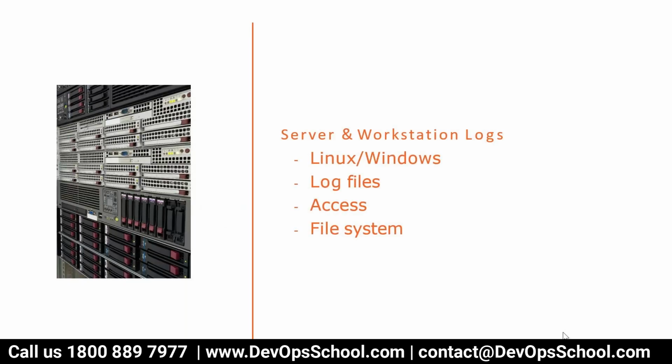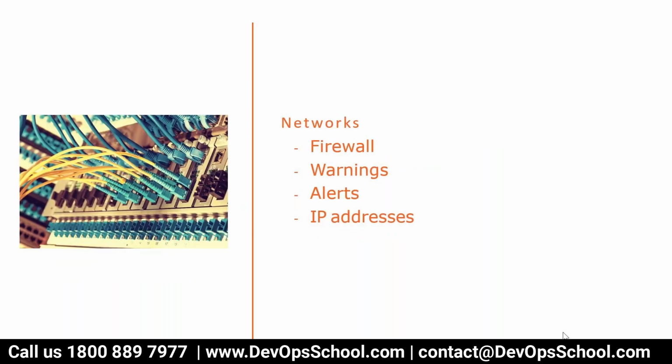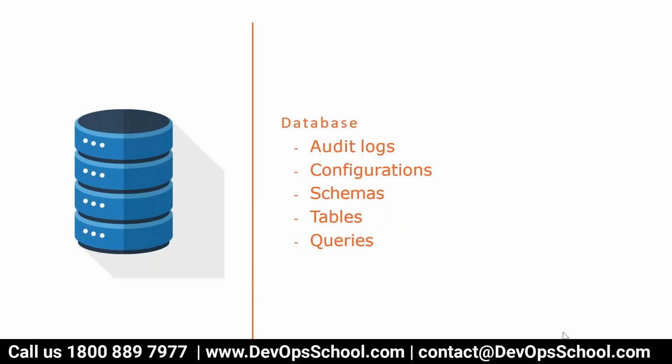Let's go into depth. What kind of logs will you find? Here you have server logs and workstation logs, including Linux logs, Windows logs, access logs, and file system logs. Firewall logs, warning logs, alerts, IP address logs. Databases also have different types of logs like audit logs, configuration logs, schemas, tables, and query logs.